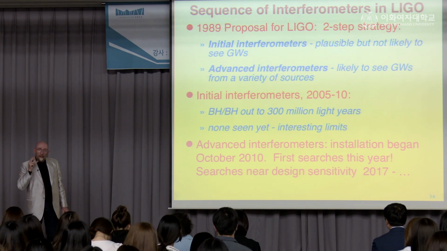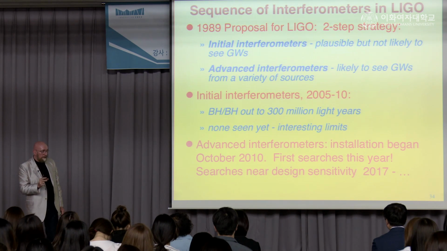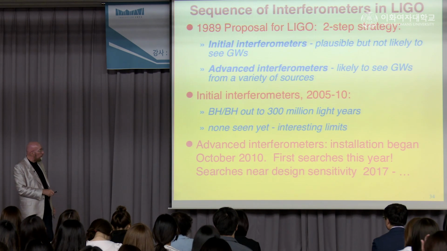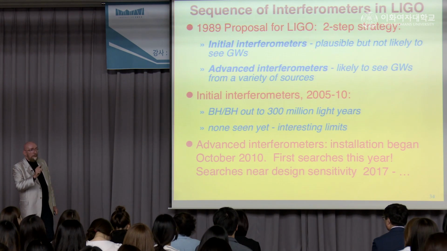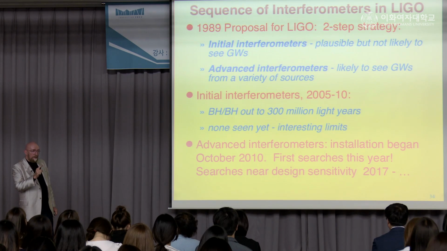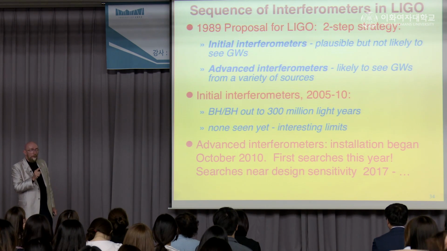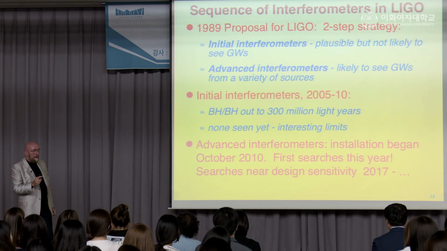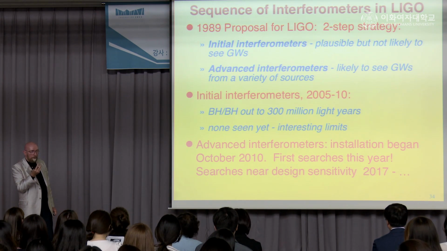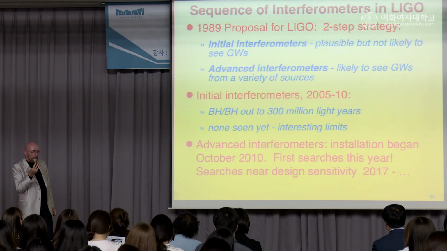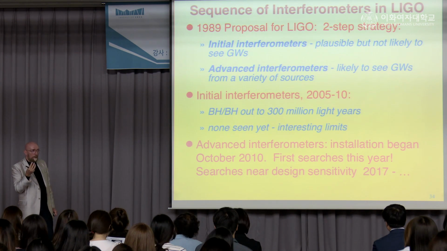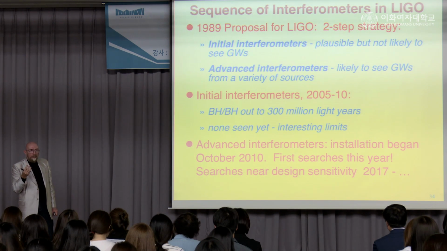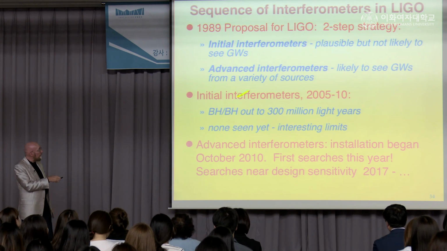It required nearly 5 years to do the installation and then to turn them on and get them working. The first one was turned on and began to operate as a full operating interferometer just 12 months ago. It is now within a factor of 3 of design sensitivity. It's getting close to what we said we would do in terms of its level of noise. It's now 3 times better than our initial detectors.